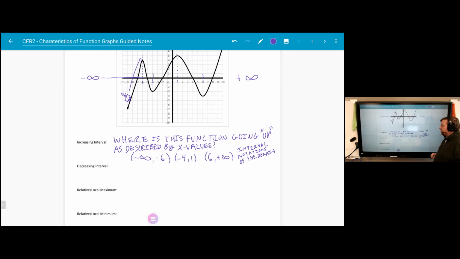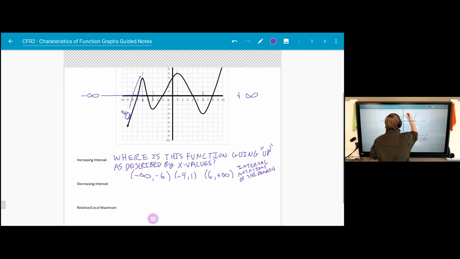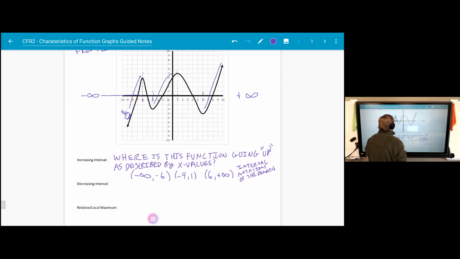These are interval notations of the domain. So I was going up from here to here, here to here, and here on.